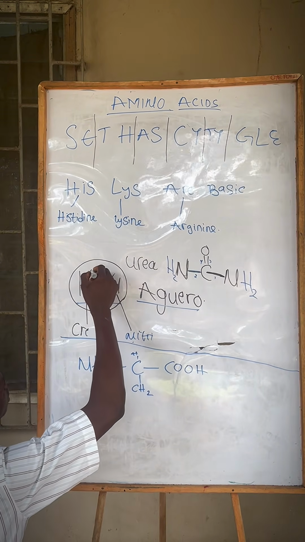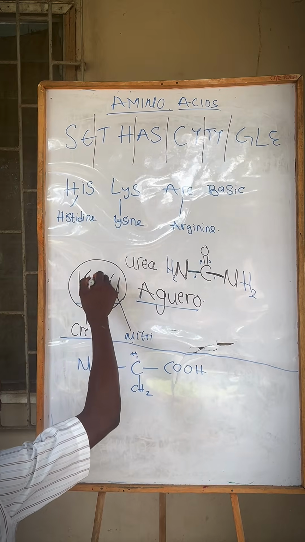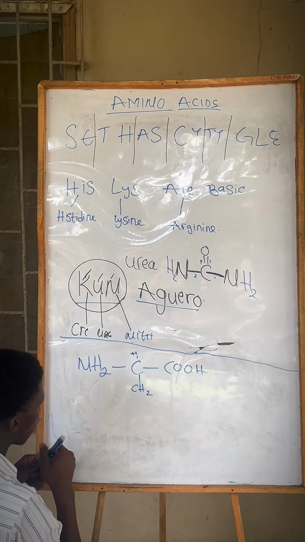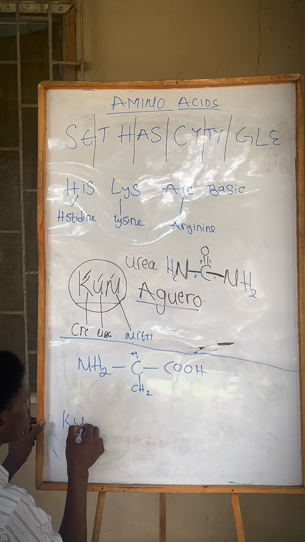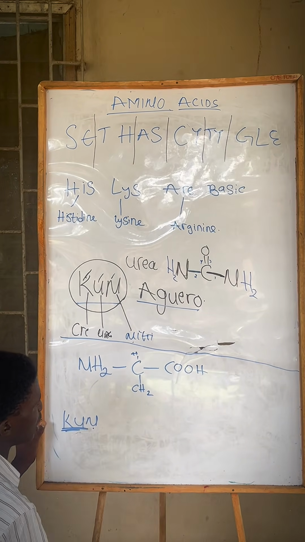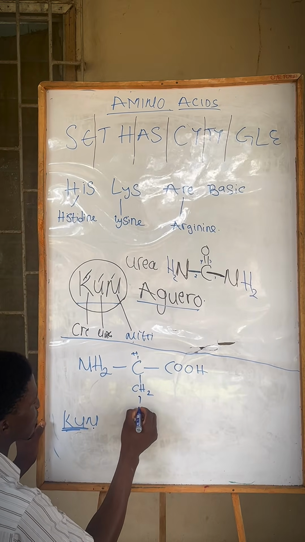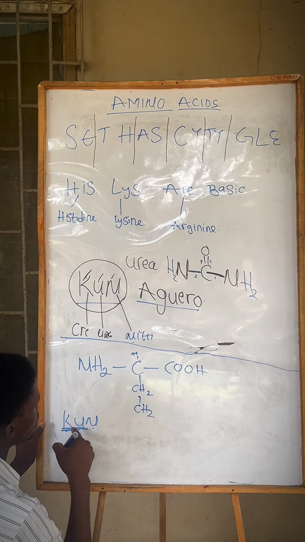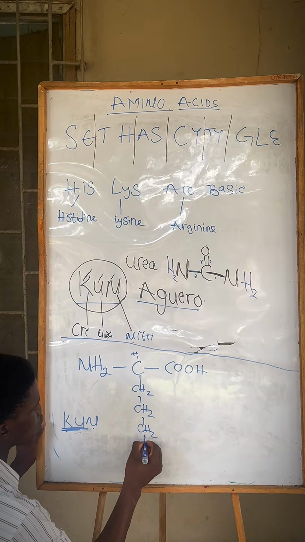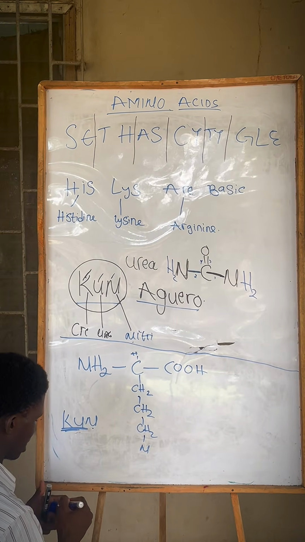But one of the 3 things must end with N. K means 3, right? K, U, and N. So K I will represent with CH2, U I will represent with CH2, and I will then end it with N. Do you understand it?